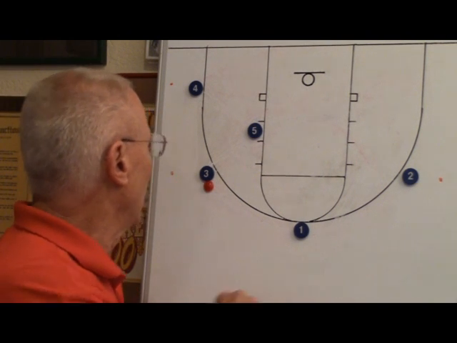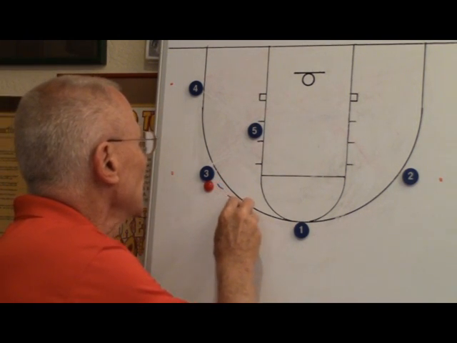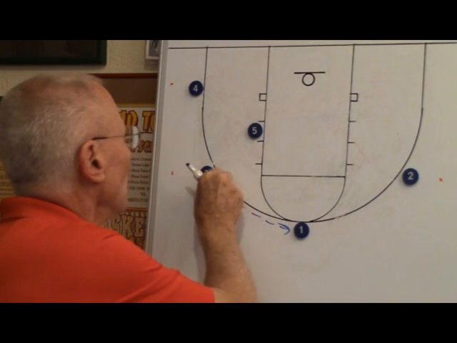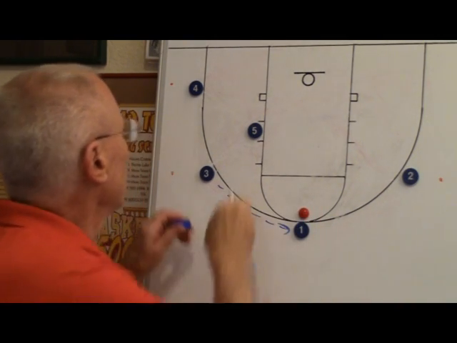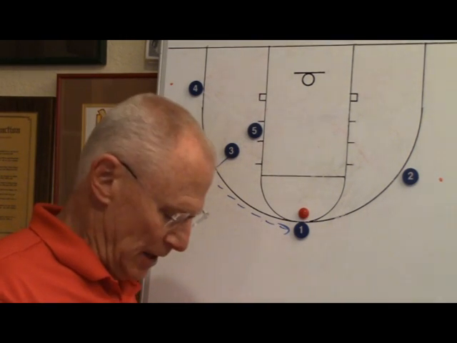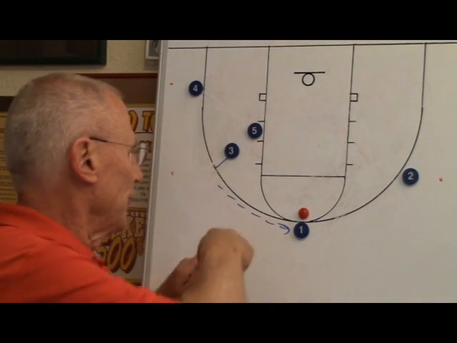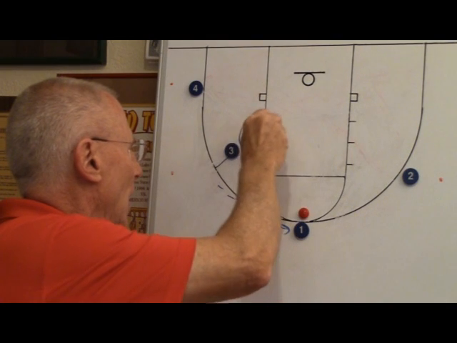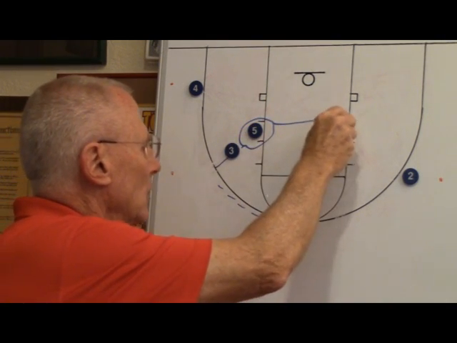So the first thing that's going to happen is number 3 is going to pass to number 1. So the ball moves to here, and 3 is going to creep to a position about right there. And the reason that 3 creeps, 3 is going to eventually run high or low over 5 and make a cut to there.